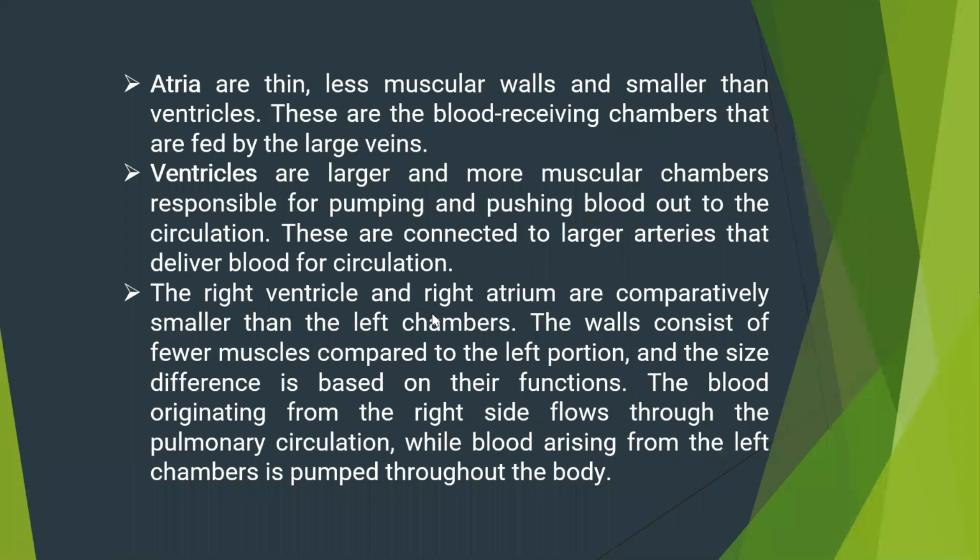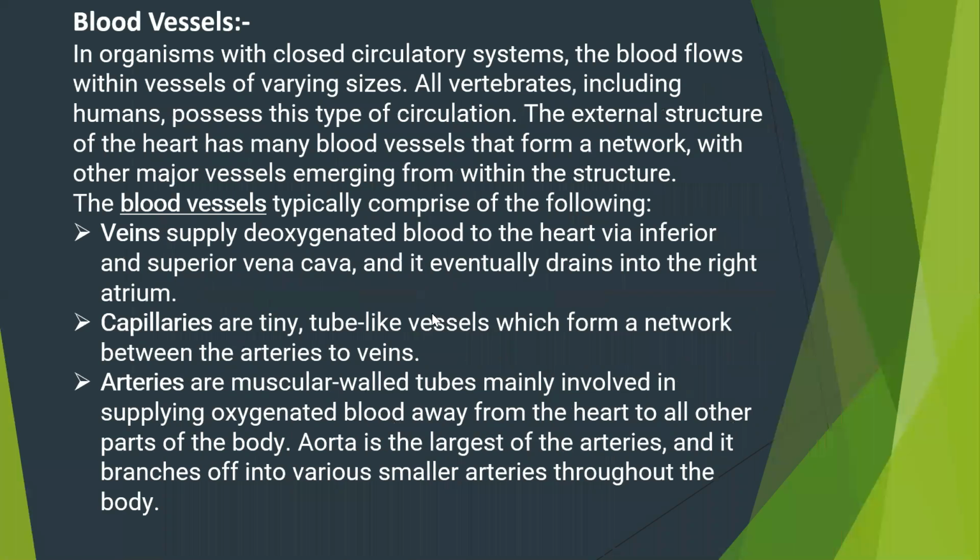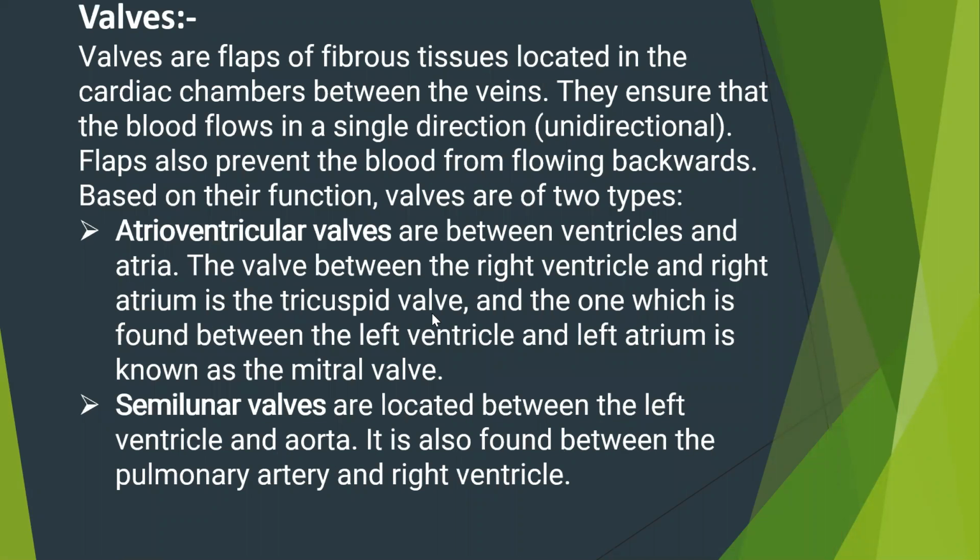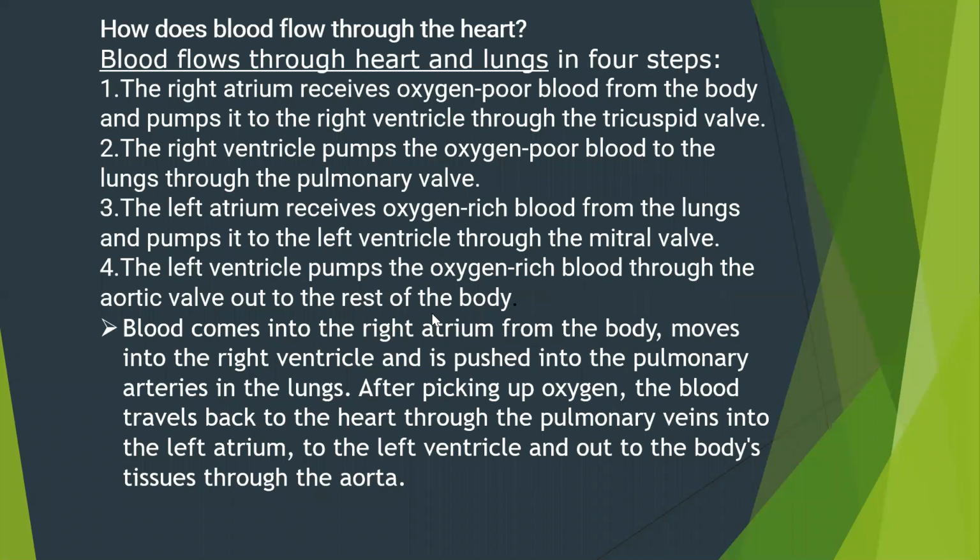We'll do the structure, the composition of auricles and ventricles. Then we'll do the blood vessels, that is the veins, capillaries, and arteries. Then we'll do the different types of valves: atrioventricular valves and semilunar valves. Then we'll do how blood flows through the heart.